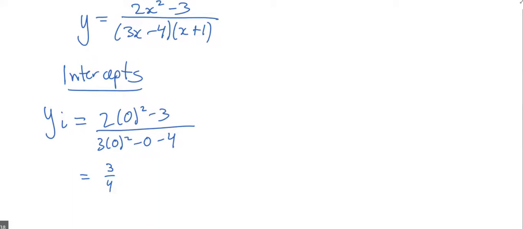And we usually like these things, we always like these things, I should say, as decimals. 3 over 4 is an easy one, but we like to write them out as decimals. And what about x-intercepts? Oh, so I'm going to make a little note to myself. When x equals 0.